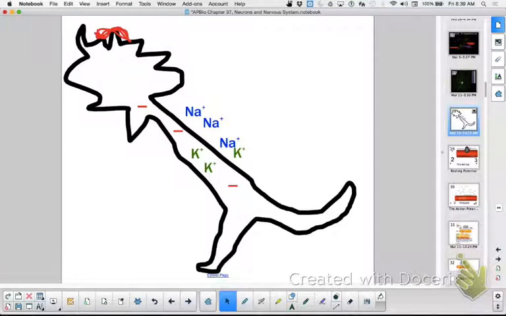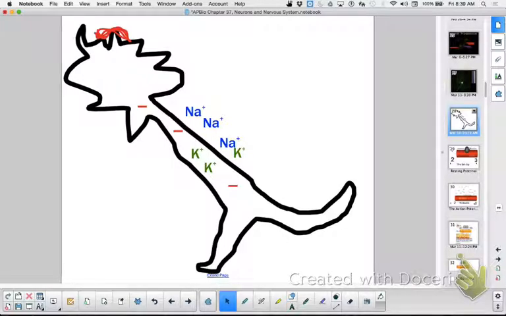Now, if I want that neuron to fire again, because the charge has just been reversed along the length of it, now because the sodium came in, the inside is what? Positive, and now the outside is negative. That reversal of charge goes along the length of the neuron. My quick fix is what? Potassium to go back out.